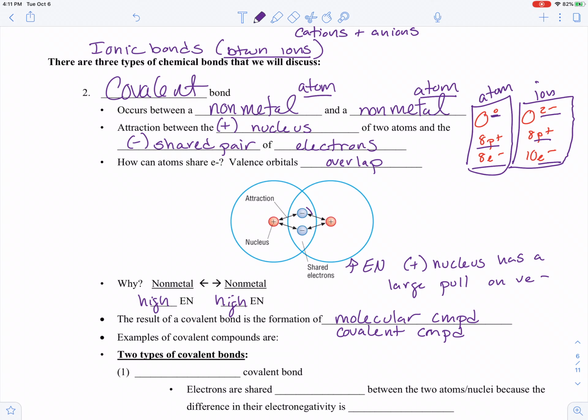The attraction here occurs between the nucleus of the two atoms and a shared pair of electrons. So the nucleus is positively charged and therefore attracted to electrons. Now, what ends up causing the bond here is that for one atom that's attracted to those electrons, it's trying to hold on to them pretty tight. If another atom is also attracted to those electrons and holding onto them pretty tight, what ends up happening is that their valence orbitals begin to overlap.